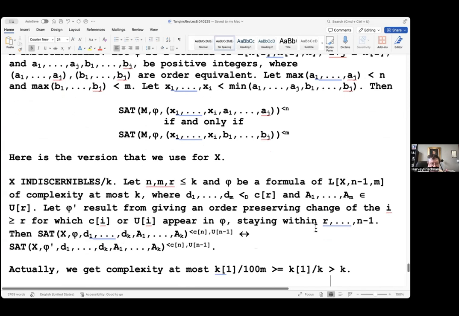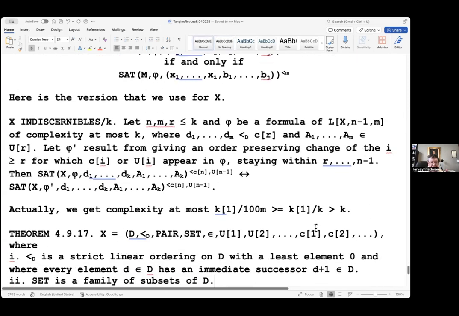So here's X indiscernibles. We have a formula, again, living in n minus 1, and m is the arity of what we're doing.